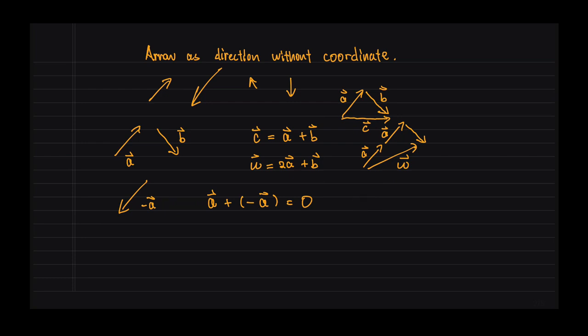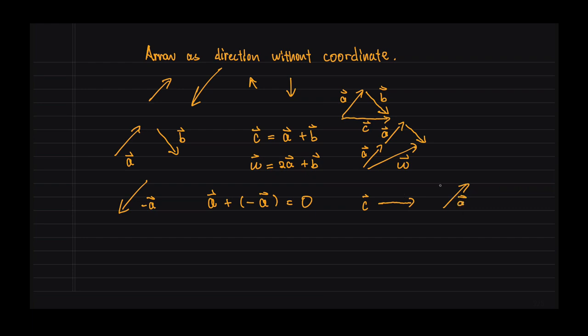There's also one thing: if, for example, our C is pointing like this, we cannot describe C with A alone. A is pointing in this direction. You can only scale A bigger or smaller or point to the opposite direction, but you can never describe C with A alone.